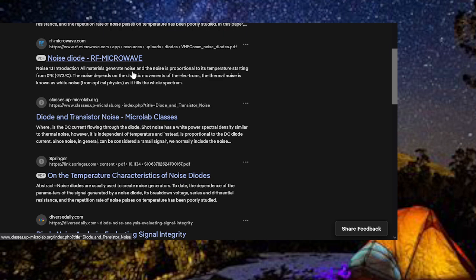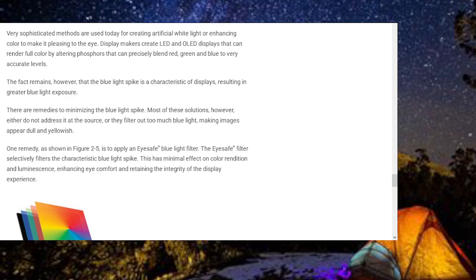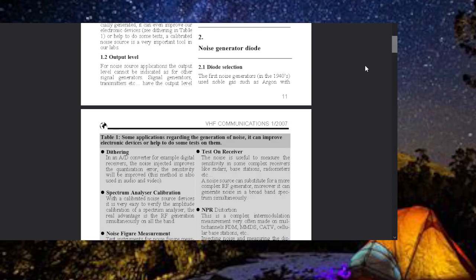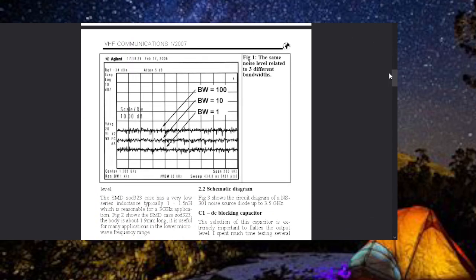Noise diode, microwave. See here. Diodes and transistor noise. Noise generator diode. The first noise generator is used with gas. Noise in 3 different bandwidths.